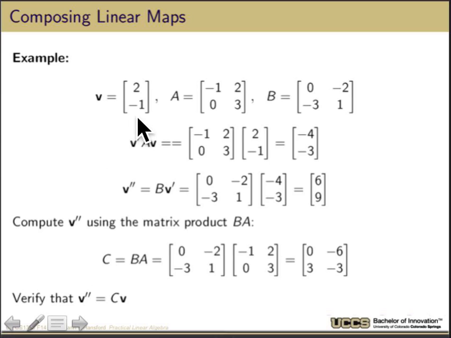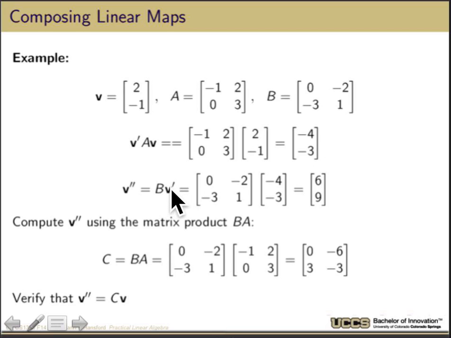Let's say v is 2, minus 1, our matrix A is minus 1, 2, 0, 3, and the matrix B is 0, minus 2, minus 3, 1. If I look at v prime, which is Av, that's minus 1, 2, 0, 3 times this, which is 4, 3.